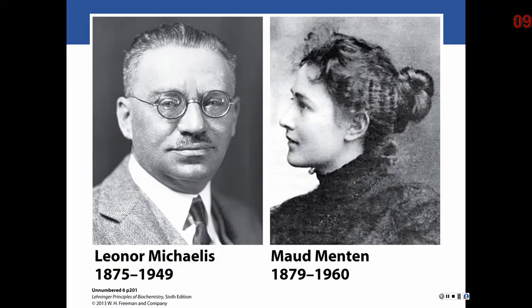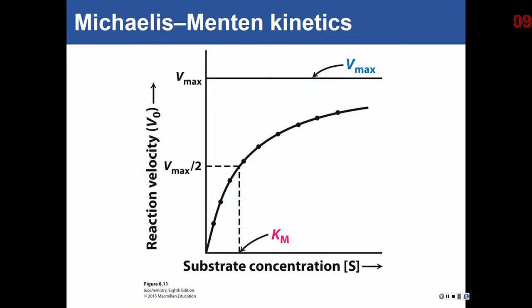So this is what Michaelis and Menten did. Now, Leonor Michaelis and Maud Menten came along and they thought, well, there's got to be a way that we could mathematically describe the way that enzymes act and the rate at which they act. And so that's what they did.